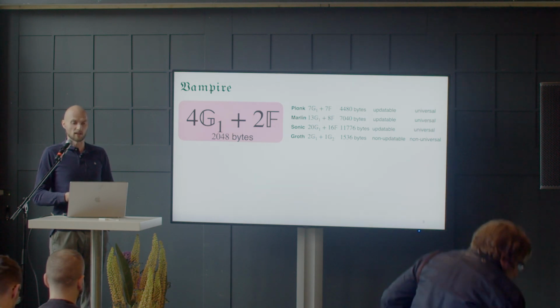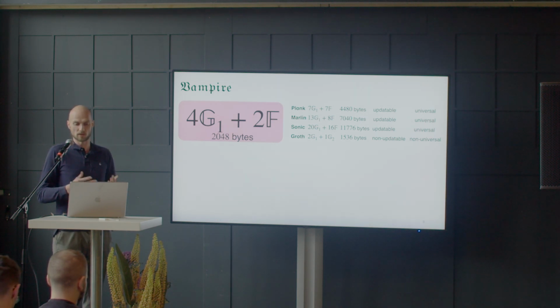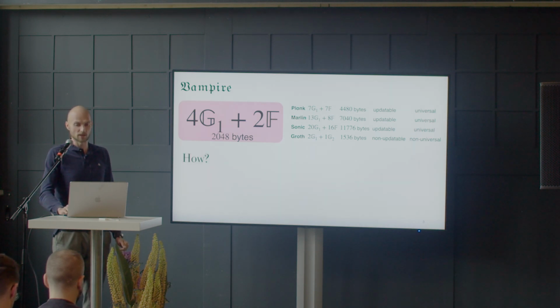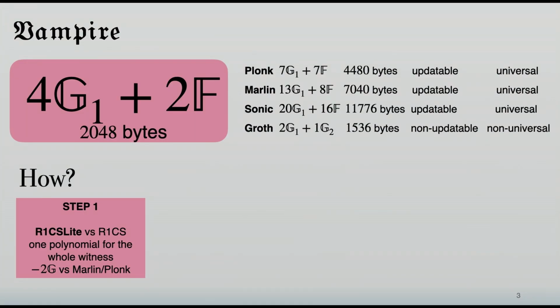On the other hand, Vampire, similarly to PLONK, Marlin, Sonic, is updatable and universal. That means that you can generate a single SRS and have it for every circuit you like, up to some given size. Okay, so how was this possible? It was possible because of 3 things. First of all, we used R1CS Lite arithmetic representation instead of R1CS.